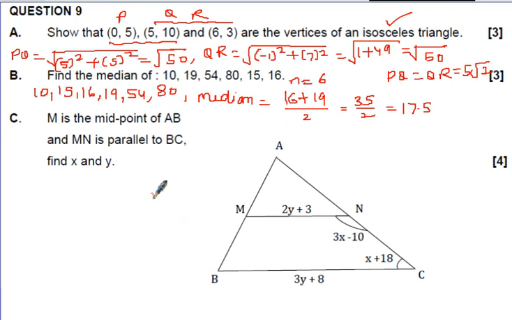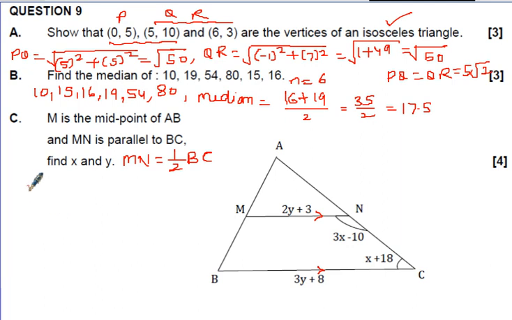Here, midpoint theorem. Okay, so MN is given parallel, and this parallel gives you more idea. So by using the midpoint theorem, MN is half of BC. Many students do that, but many students got confused in x.